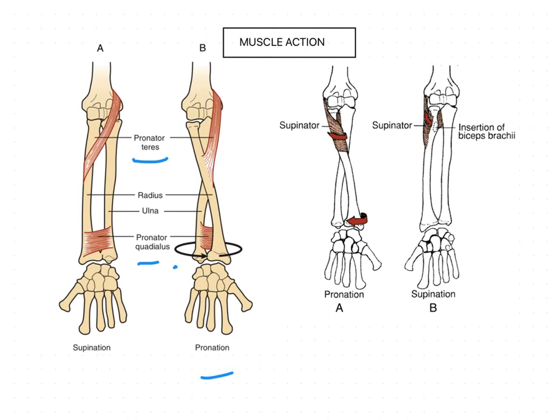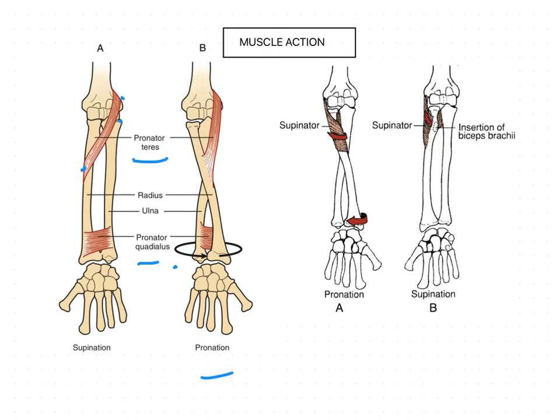So as we know, the pronator teres has two origins. One is the humeral head, which originates on the medial epicondyle, and the other head originates on the coronoid process of the ulna, and these two heads are inserted on the greater convexity of the radius, isn't it?